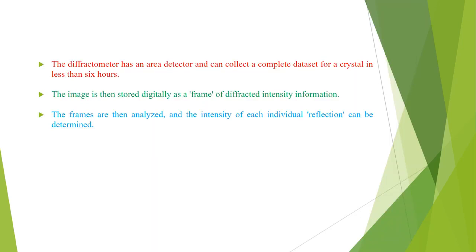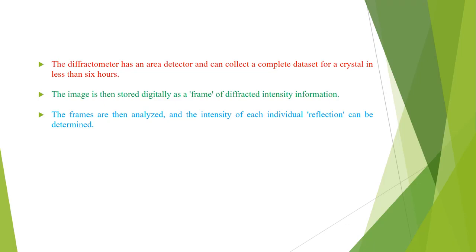The diffractometer has an area detector and can collect a complete data set for a crystal in less than 6 hours, whereas traditional diffractometers use point detectors, which measure the intensity of each diffracted beam individually in sequence. An area detector records the diffraction pattern over a large area of reciprocal space simultaneously.